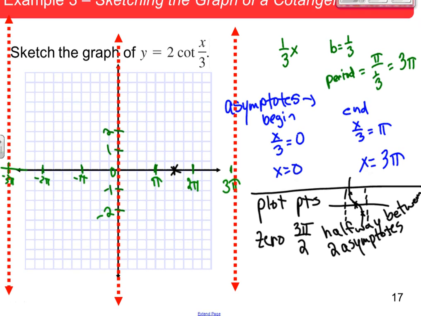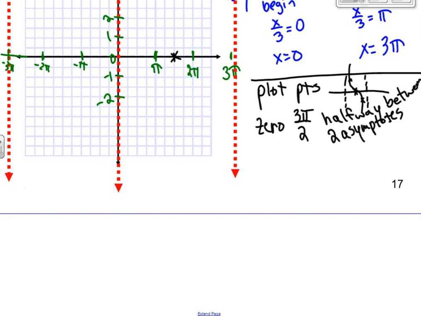And then to find my other 2 points, I'm going to go halfway between the asymptote at 0 and this value of 0 at 3 pi over 2. Half of that, maybe max is a bad word because it's just a point.